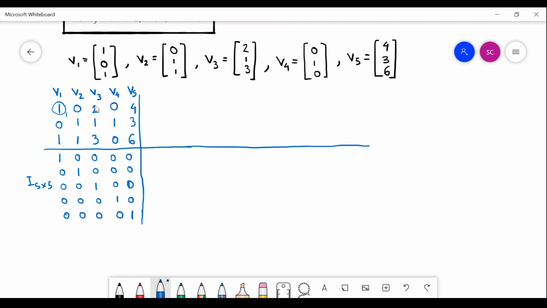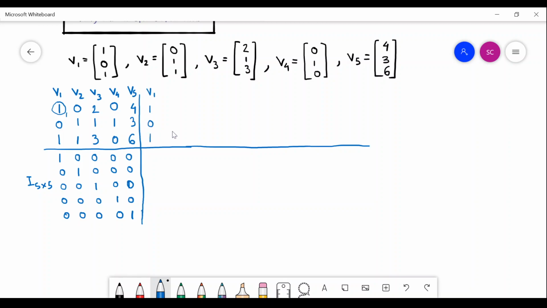So this is the operation. As in the row operation, same way in the column operation. Now for v2, do we need any scalar? No, because this element is already 0, so we don't need to do anything. So we have to keep it as it is. So v1 of course remains as it is.